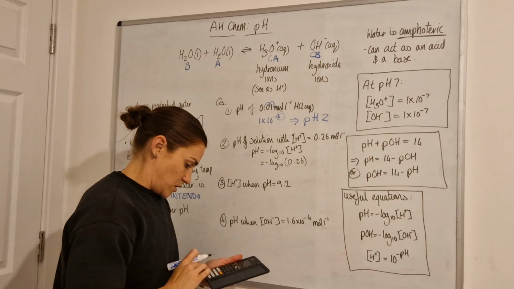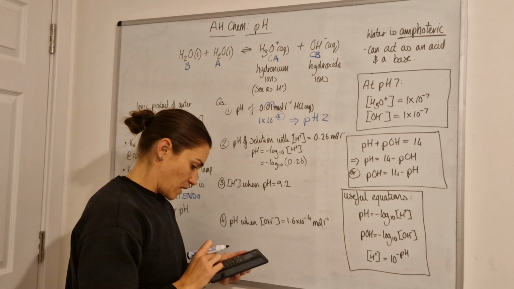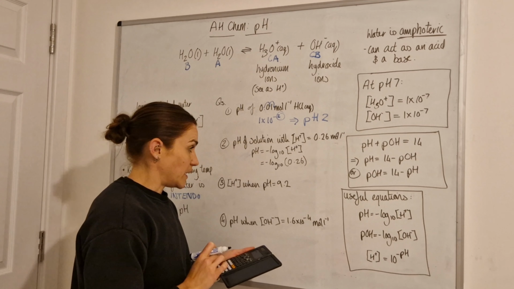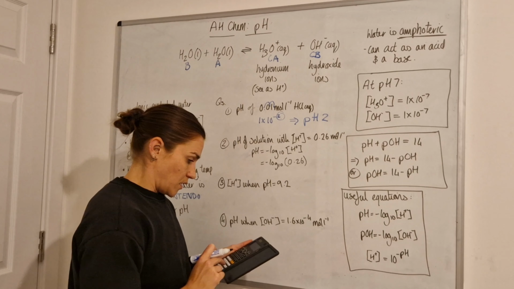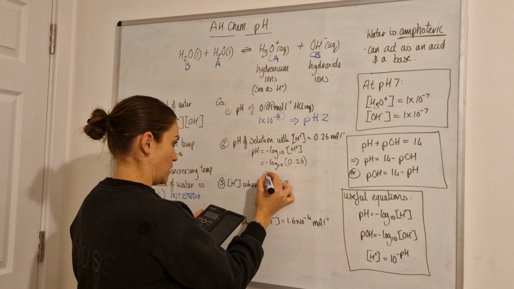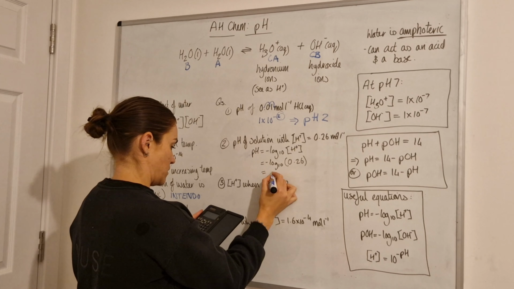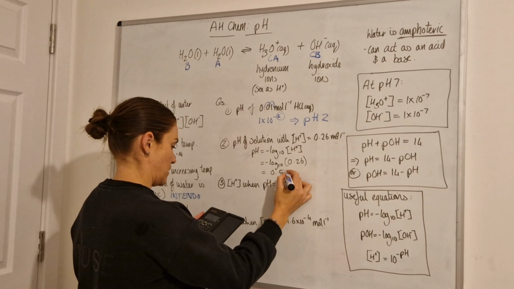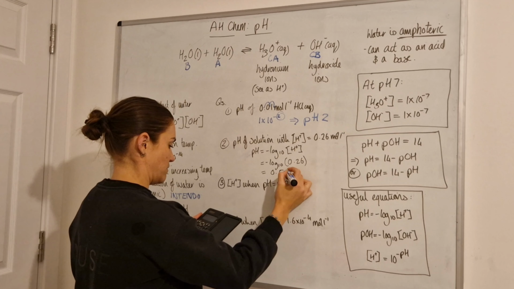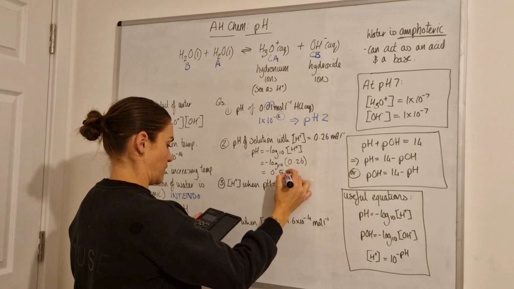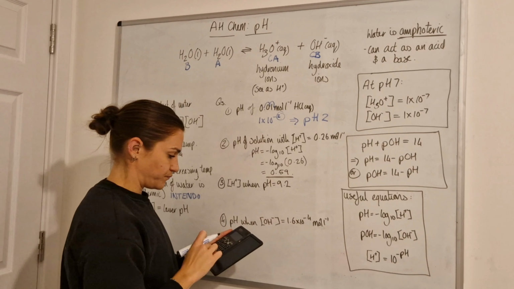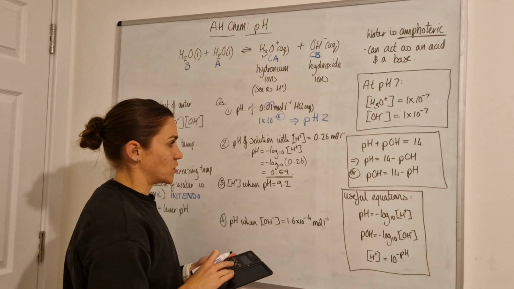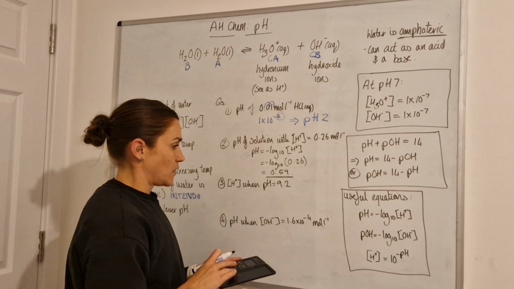And putting that into your calculator, it's been a very long time since I've used a log button, we get 0.585, or we'll just say 0.59. Okay, so that would be the pH of that solution.